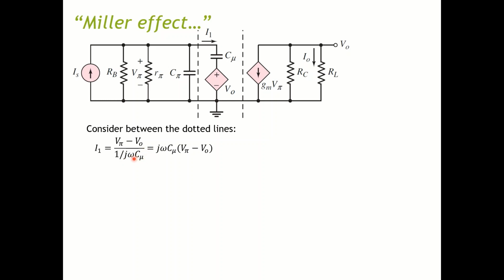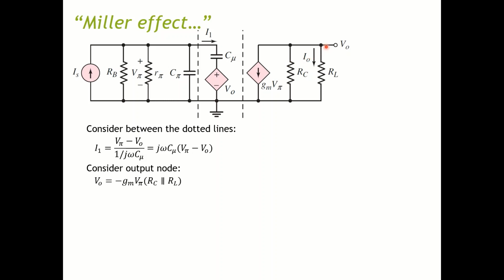Now you factor out j omega C mu, and you have j omega C mu multiplied by V pi minus VO. So this is your first equation expressing the current I1. Now if you consider the output node, you can use the same thing.